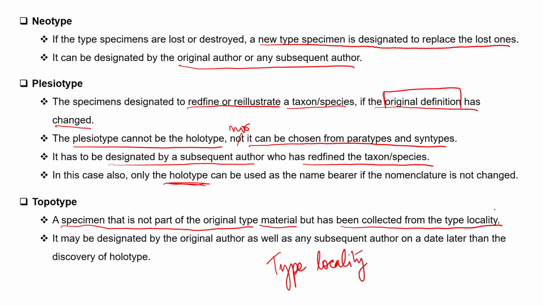So the original author or the subsequent author may collect samples from some other outcrop in the same type locality, then it is called the topotype. So it may be designated by the original author as well as any subsequent author, and it has to be done on a date later than the discovery of the holotype.